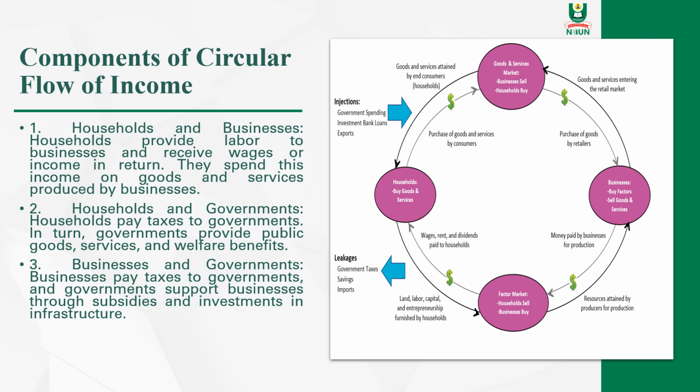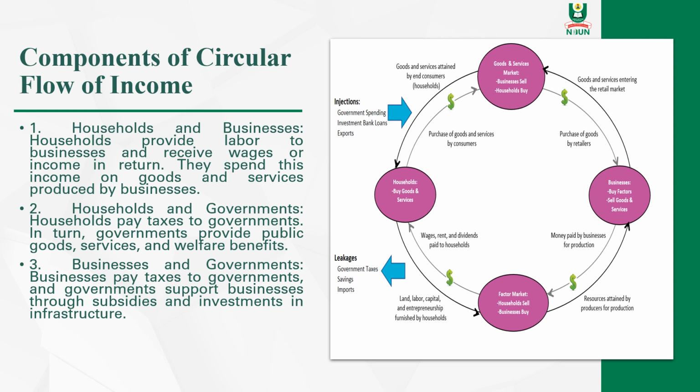So let's look at the components of circular flow. There are 3 components in the circular flow of income. In an economy, we have the government, we have the households, and we have the firm. And when you look at the relation between households and businesses, households and government, and businesses and government, you will see that when households provide labor to the businesses, they are paid back in terms of salaries and wages.